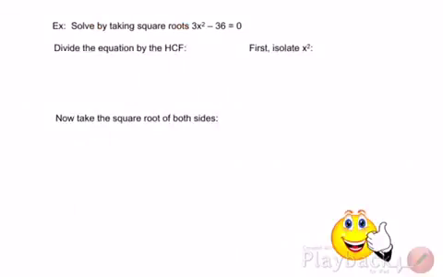So this first one here, I'm going to let my x squared be equal to the other. So divide the equation by the HCF, I'll do that in a second. 3x squared is equal to positive 36 when you bring the minus 36 over. And then I'm going to take out my 3, so I'm going to divide both by 3. So I get x squared is equal to 12.